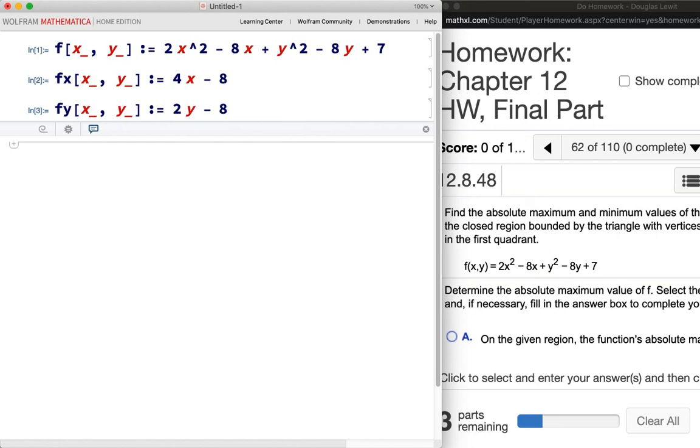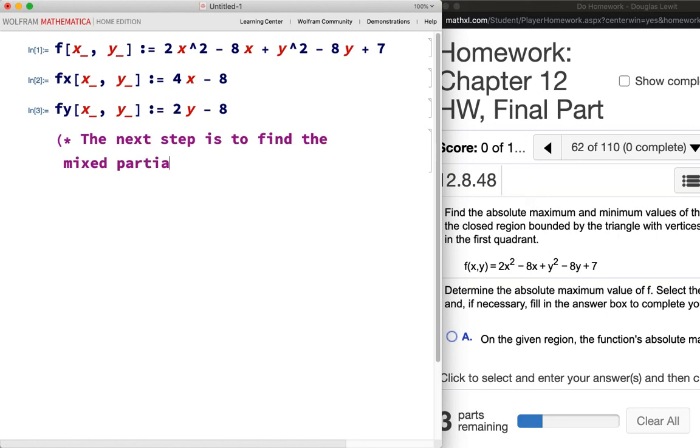Okay, so now we should find the mixed partial derivatives. The next step is to find the mixed partial derivatives. So f_xy is a function of x and y, and we take f_x and we differentiate with respect to y.